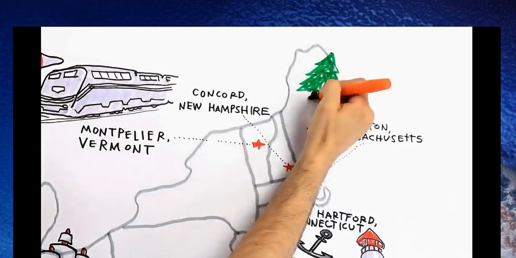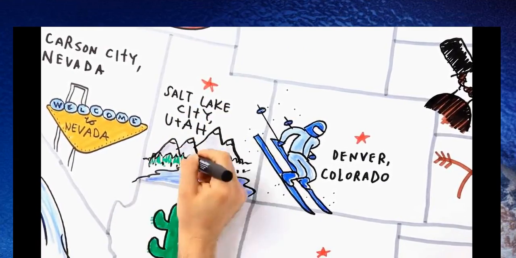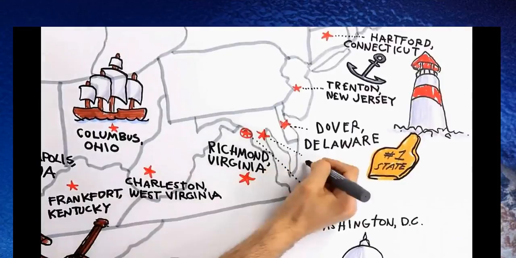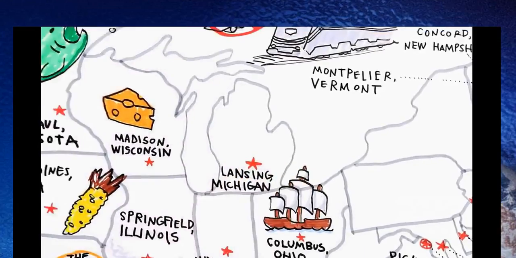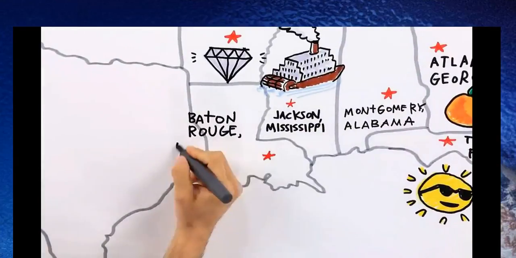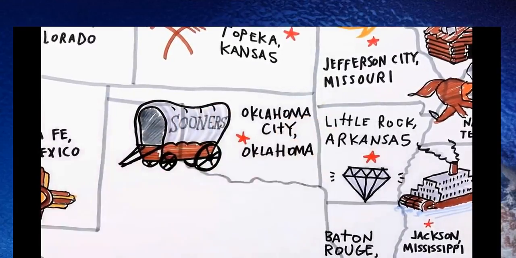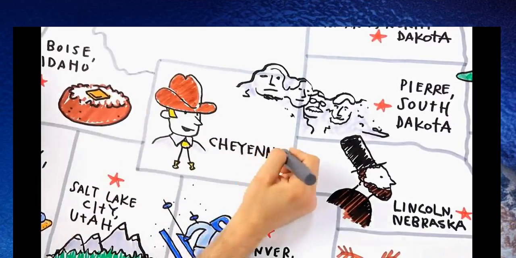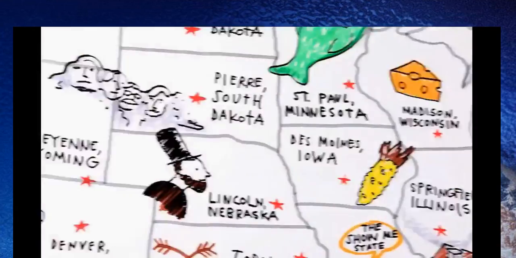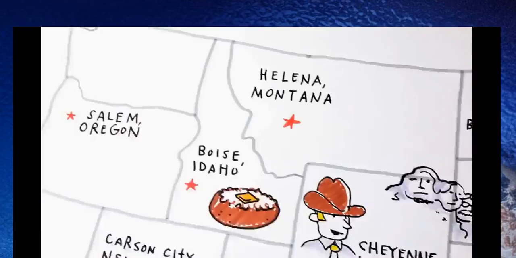Salt Lake City, Utah, Richmond, Virginia, Bismarck, North Dakota, Charleston, West Virginia, Annapolis, Maryland, Lansing, Michigan, Helena, Montana, Columbia, South Carolina, Pierre, South Dakota, Baton Rouge, Louisiana, Oklahoma City, Oklahoma, Cheyenne, Wyoming, Raleigh, North Carolina, Harrisburg, Pennsylvania, Salem, Oregon, Austin, Texas, Albany, New York, Providence, Rhode Island, and Olympia, Washington.